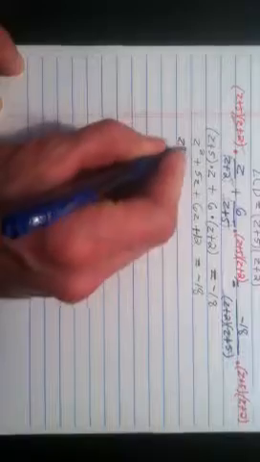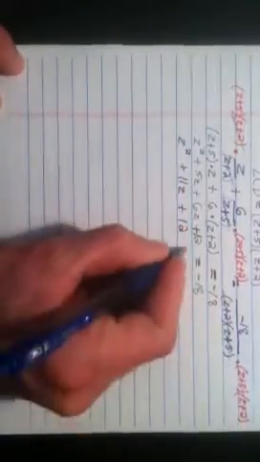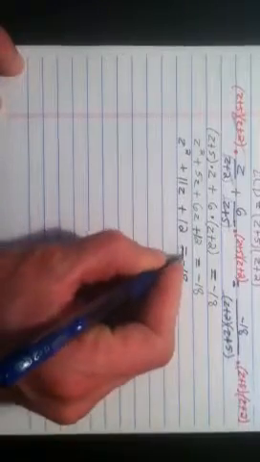Okay, so we want to go ahead now and combine our like terms on the left hand side, seeing what we get. z squared plus 5z plus 6z, that's going to give us z squared plus 11z plus 12 equals negative 18.